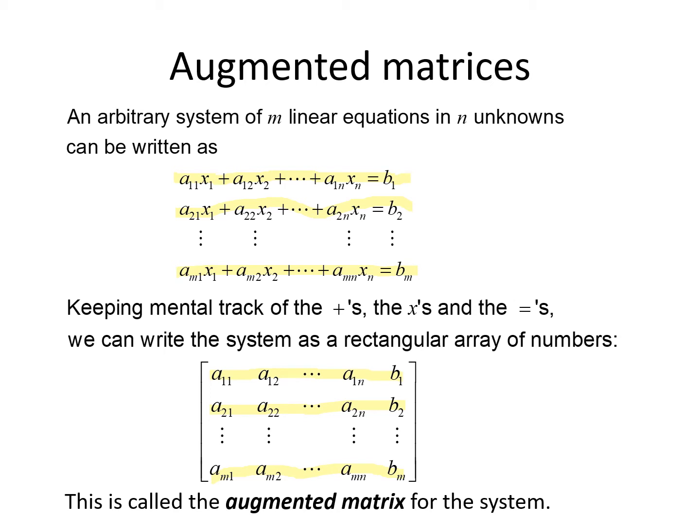And the last equation is am1x1 plus am2x2 plus dot dot plus amn xn equals bm. So it may be written in matrix form: a11, a12 up to a1n, b1; a21, a22, a2n, b2; am1, am2, amn, bm.